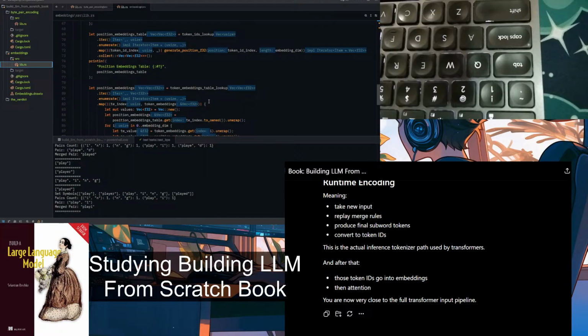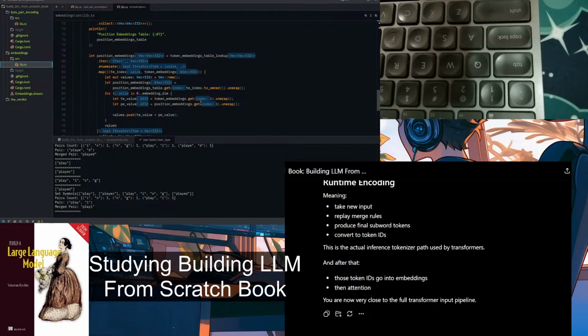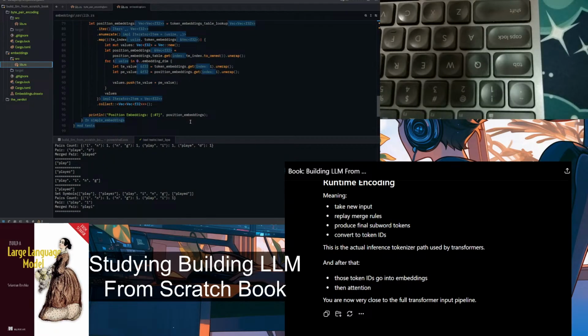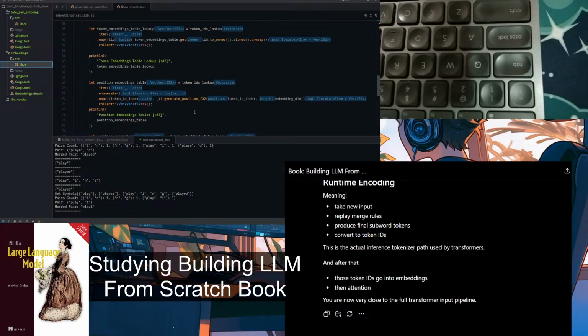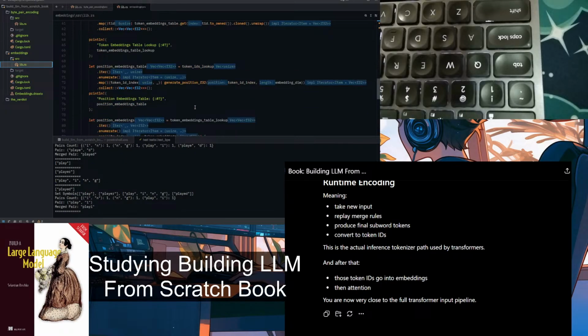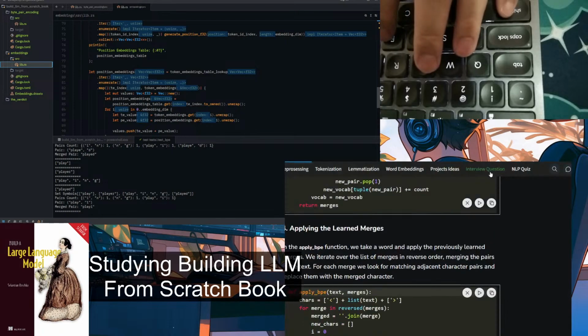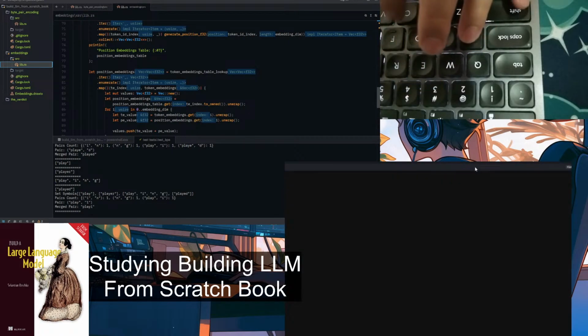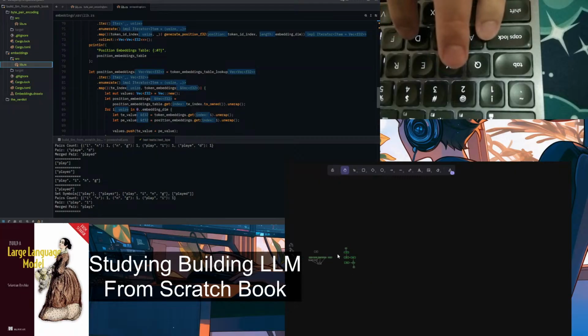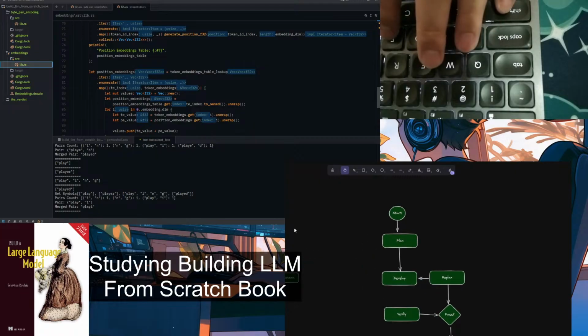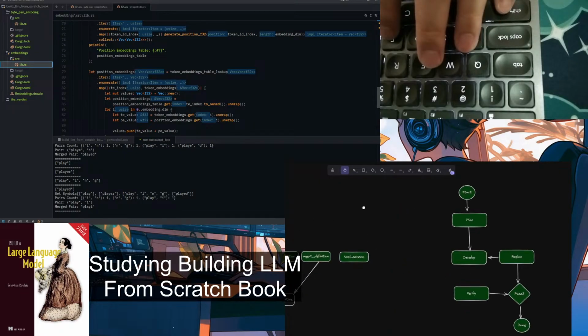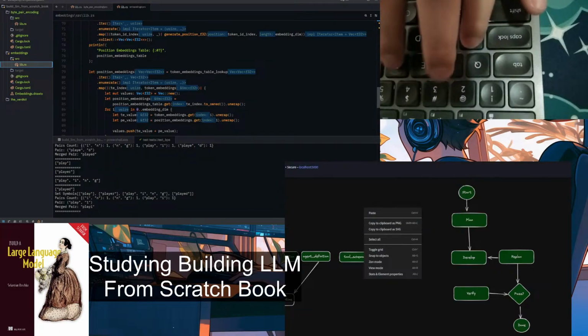Position embeddings. I think I need to recall how did I do with the embeddings. I think I used throw.io here.